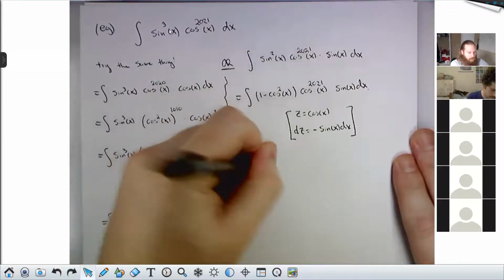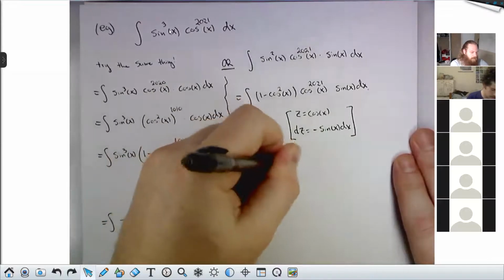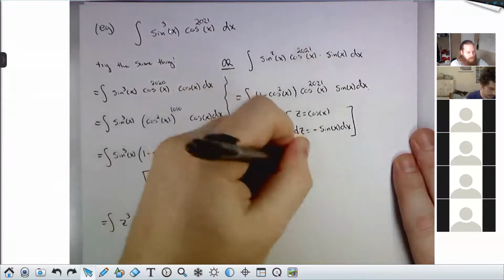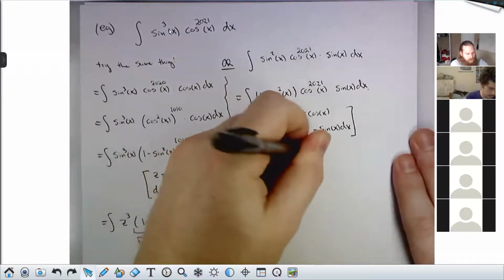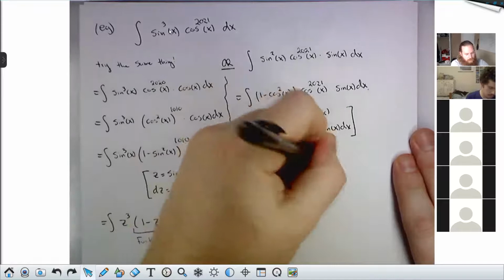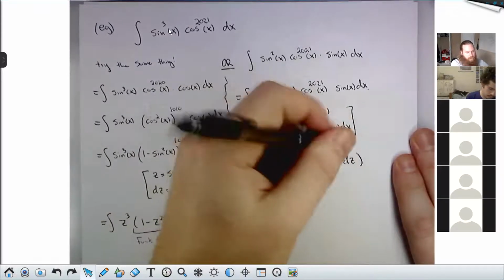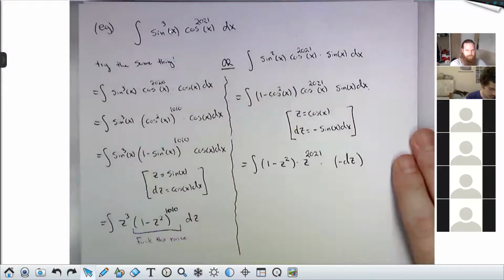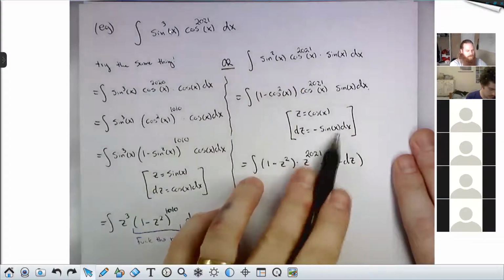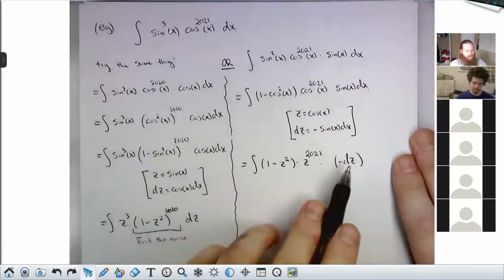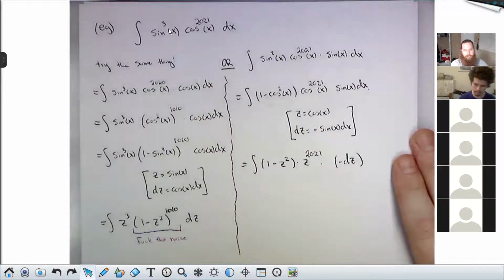I'll have integral 1 minus z squared times z to the 2021 times negative dz. Right? If dz is negative sine x dx, then sine x dx is negative dz. We can pop the negative out, right? The negative pops out. Yep.